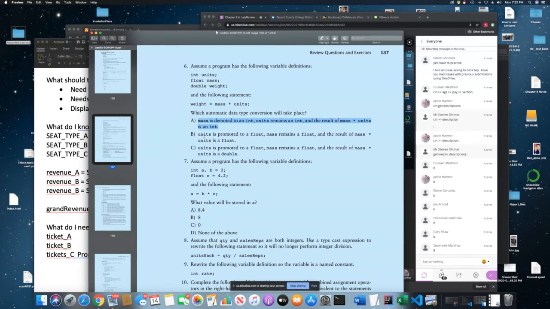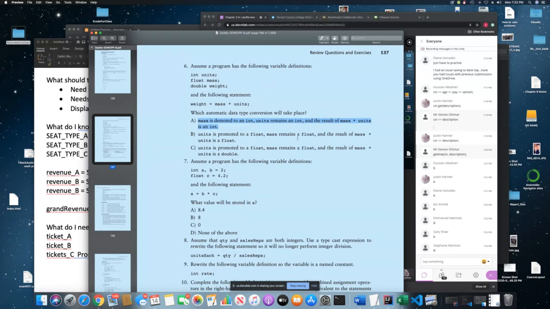So everyone says B. Let's look at it clearly. Units is promoted to a float. We got mass, which is a float, and int is units. So this part is correct. Mass remains a float. That's correct, because remember the chart is the same.